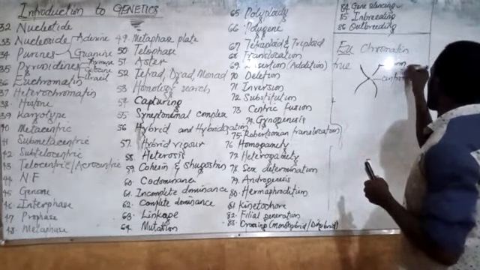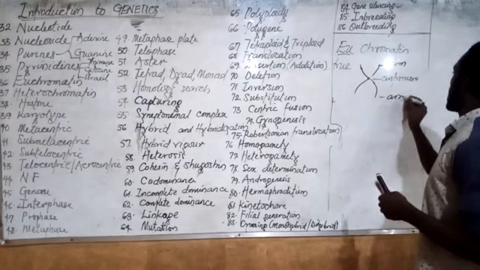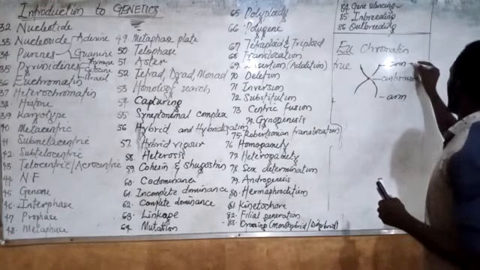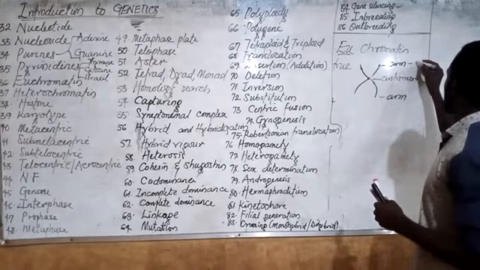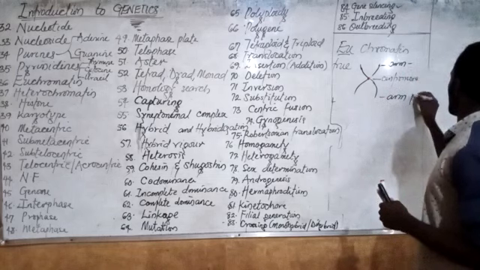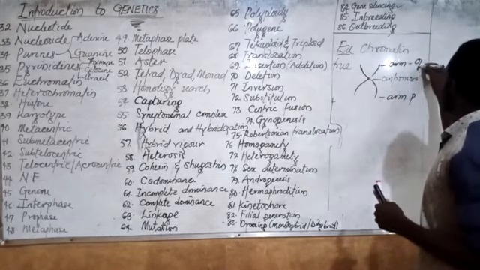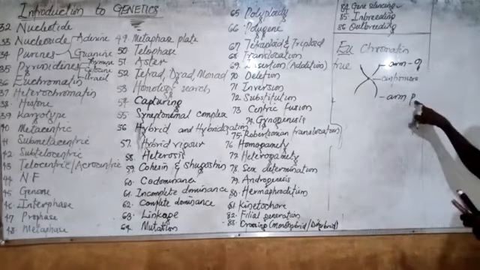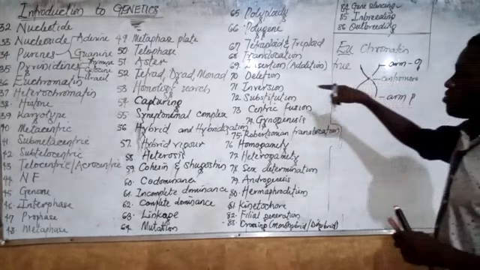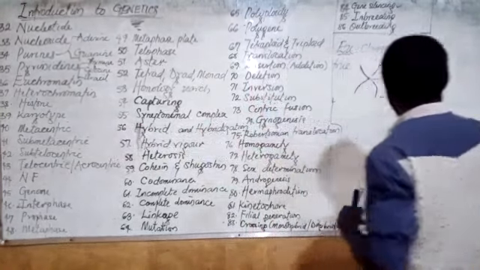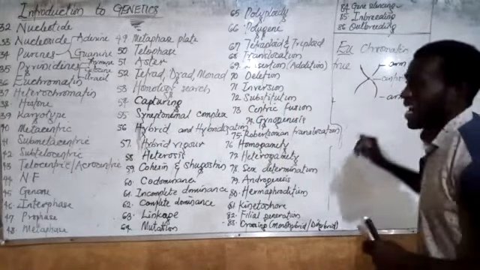Now the arms, we denote the smaller arm as P and the bigger arm as Q. Usually P is the smaller arm, but in the metacentric, the P arm and the Q arm are the same.